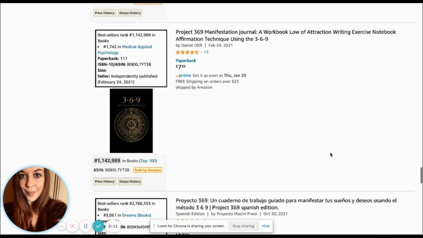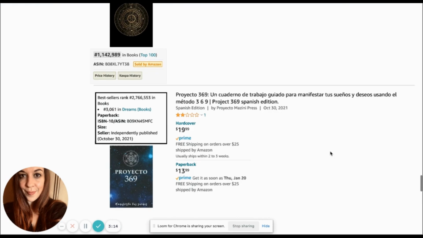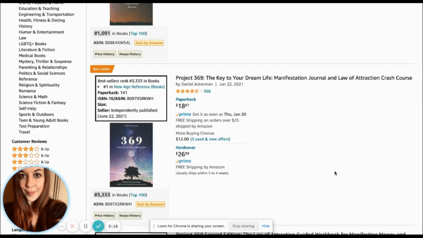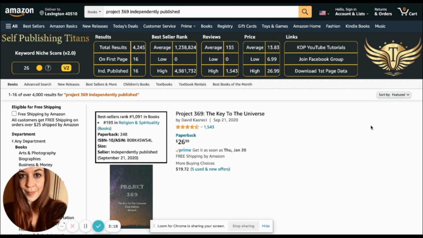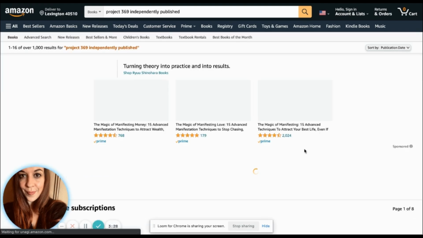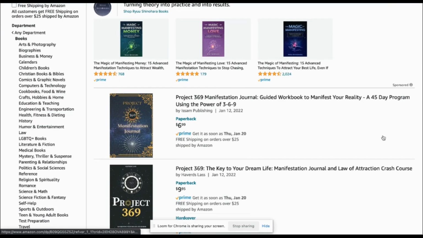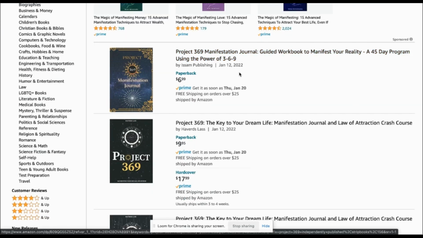So these are a lot of books that are selling pretty well that were published in 2021. Another thing that you can do is change this from featured and go to publication date, and this will give you all of the most recently published books. So we can see here this was published on the 12th of January.